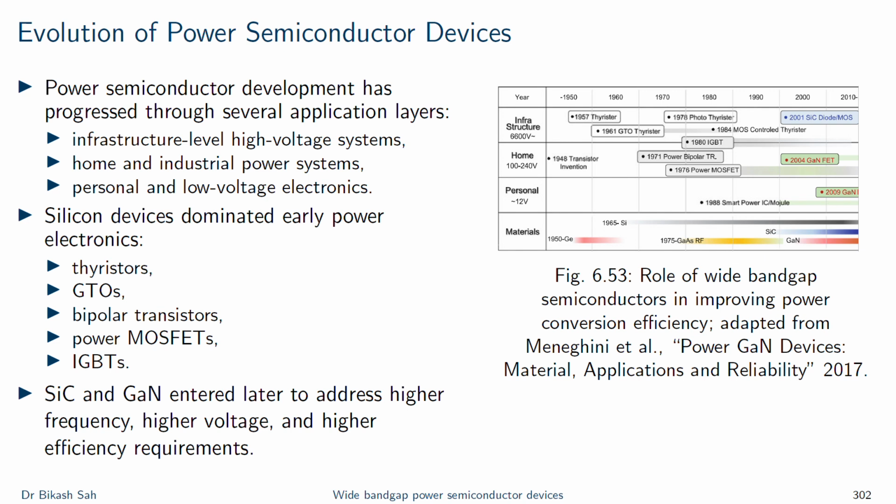The three application layers that you see in this figure help you to understand the transition. We started from infrastructure, right? That would be somewhere in the very high voltage class. Then we have the home and industrial power systems, which would be a lower voltage and power class. And then we have the personal low voltage systems like mobiles and other devices.